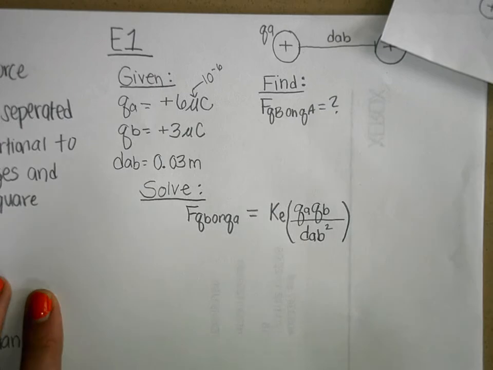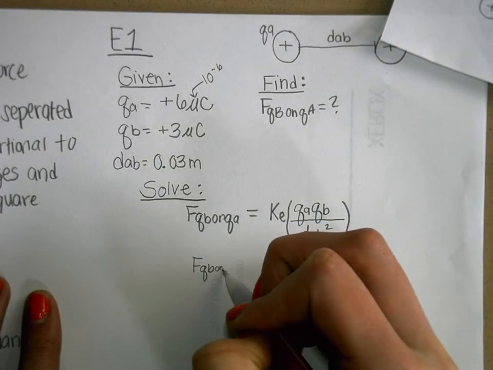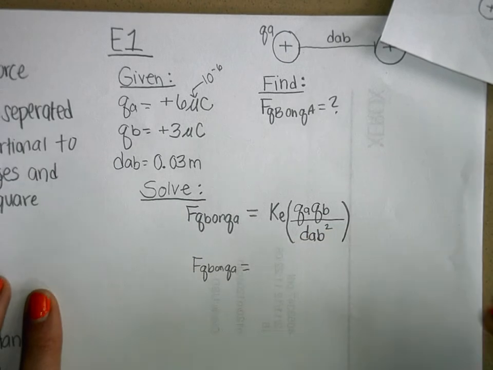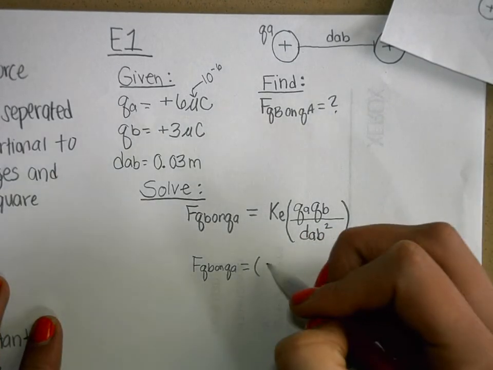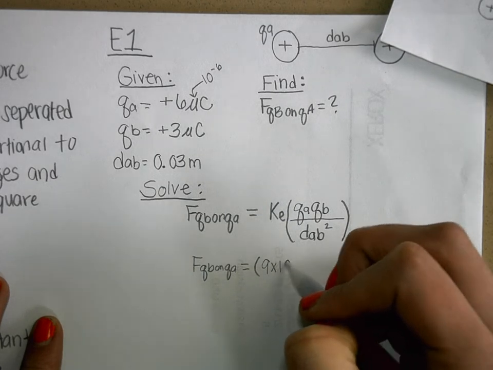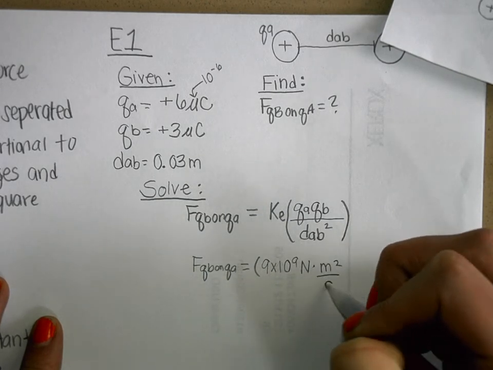Then we can go ahead and plug in our numbers. From our notes above, the electric constant is 9 times 10 to the 9th newtons meter squared per coulomb squared.